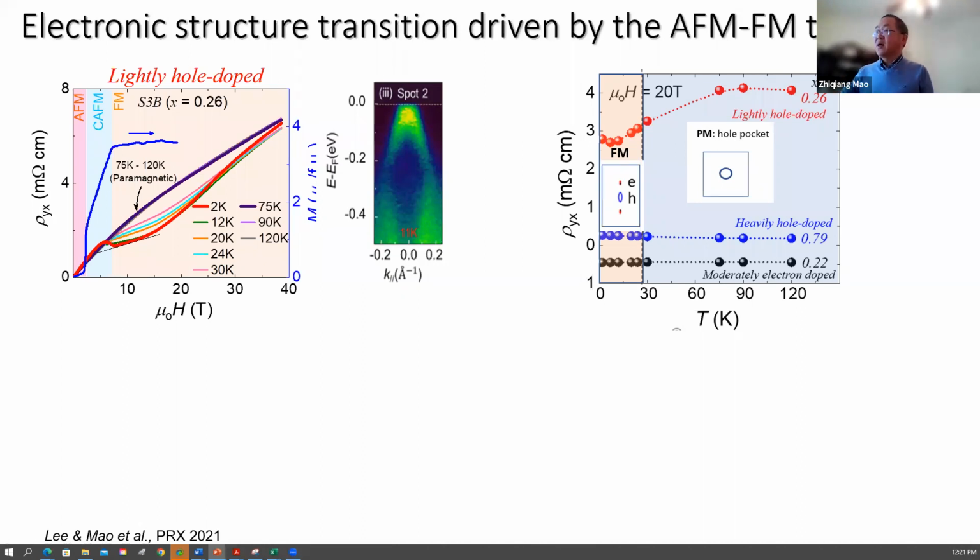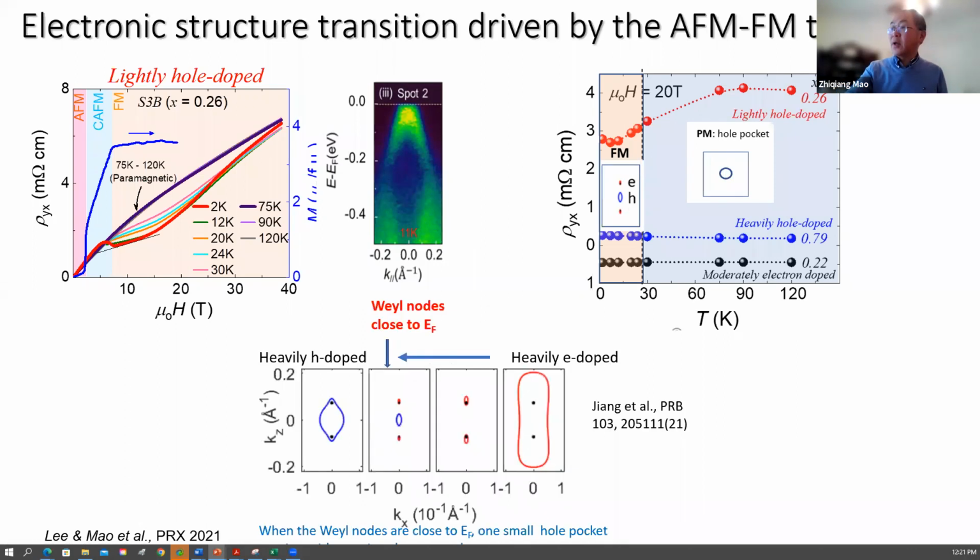This suppression of Hall resistivity can be understood in terms of the expected electronic structure transition. In the paramagnetic state, it's hole doped, so it should only have one small hole pocket. But when it enters the ferromagnetic state, because the Fermi level is close to the Weyl node, the Fermi surface should have two components, one hole pocket coexisting with two point-like electron pockets, which I just described in this schematic.